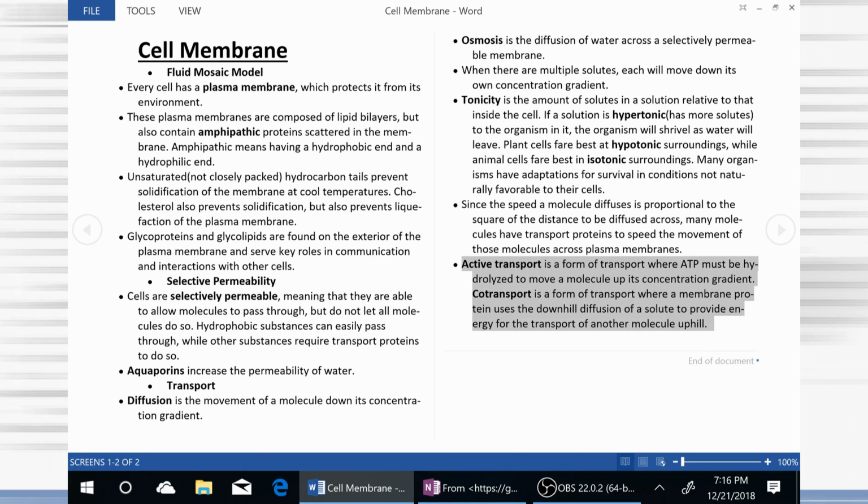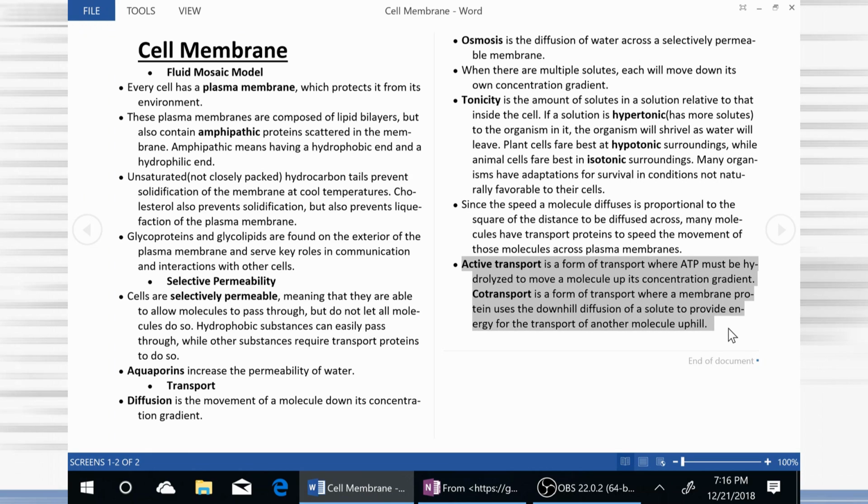Now, all we've covered so far is primarily concerned with passive transport, which does not require any input of energy. However, active transport is a form of transport where ATP has to be used to move a molecule up its concentration gradient. In other words, ATP is used to move in a molecule from where there's less of the molecule to where there is more of it.